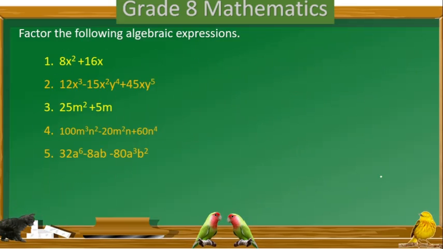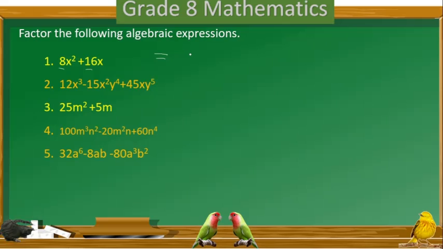Okay, how to solve it directly or in a shortcut method without undergoing the detailed process. So simply you look at this one and this one. Okay, what number can factor all of this? So for this one we can say that 8, this number can divide 8 by itself and 16.